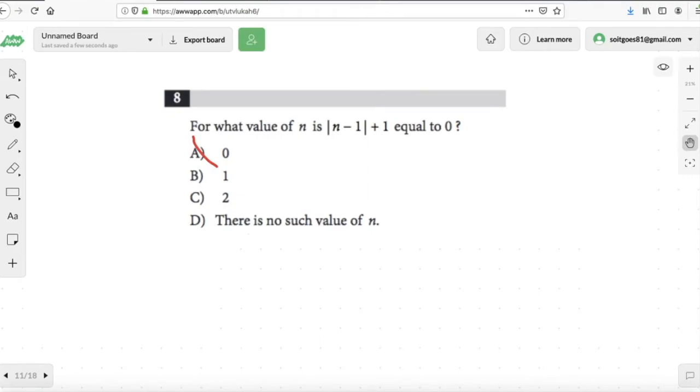All right. Go ahead and plug in 1 for n. We'll test answer choice B. Those are 1s, right? It's 1 minus 1.